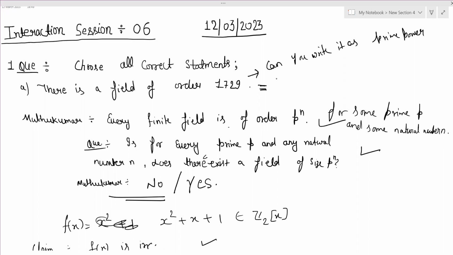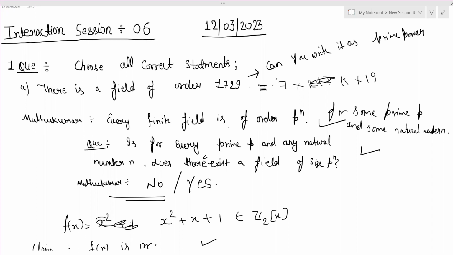Is 247 prime? No, I think not. 13 divides 247, and 19 is the other factor. So the prime factorization is 7 into 13 into 19.